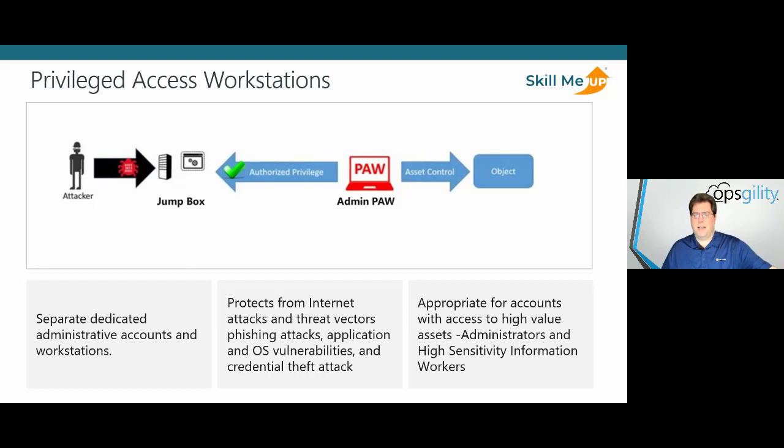If an attacker tries to access that, they then need to jump again into that privileged workstation, and that should have a different level of authentication than the jump box does, so that if you're authorized, you can get to that second tier. The attacker generally is not going to be able to perpetrate both of those levels, and that's why we put that jump box there as a layer of protection.